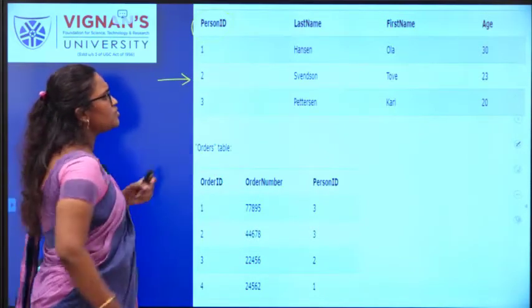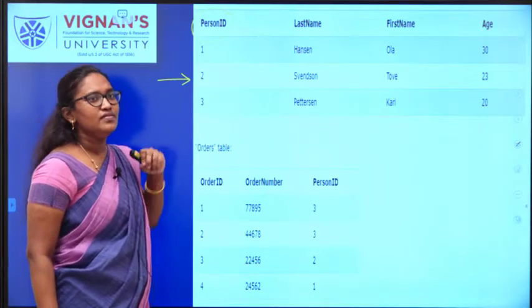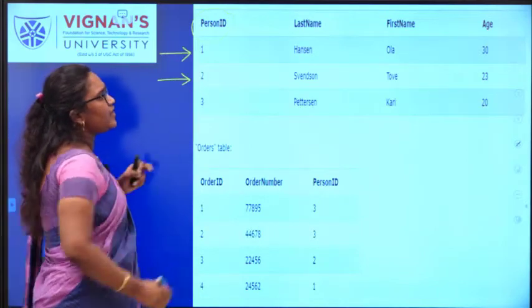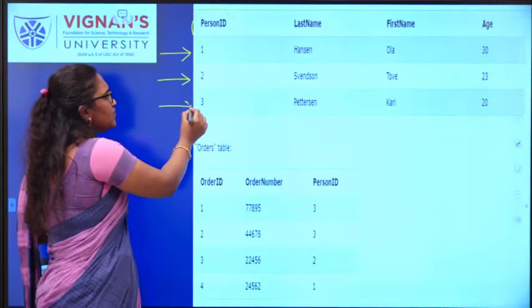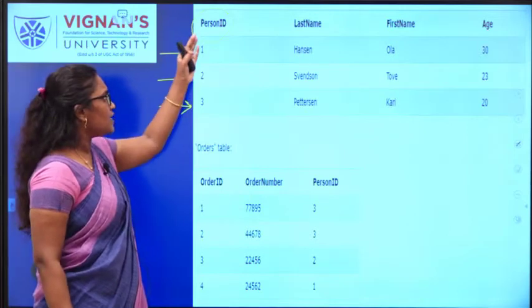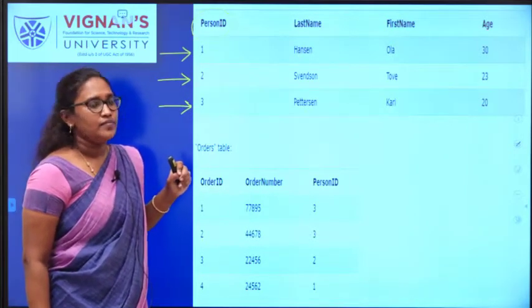So 1 identifies the details of Hansen, 2 identifies Svensson, and 3 identifies Peterson. That is the reason person ID is called the primary key.